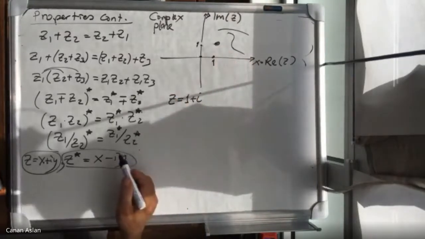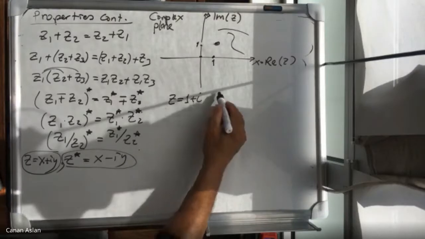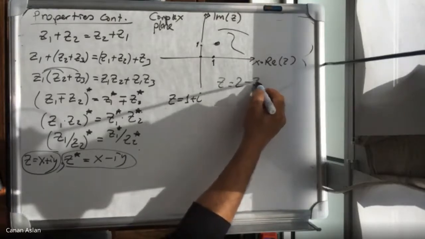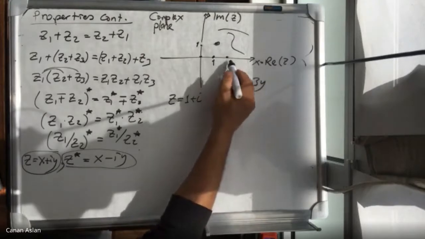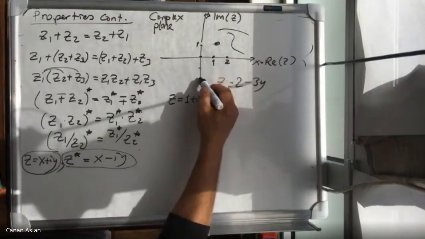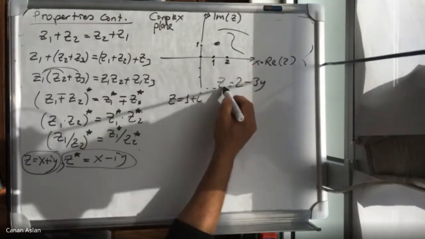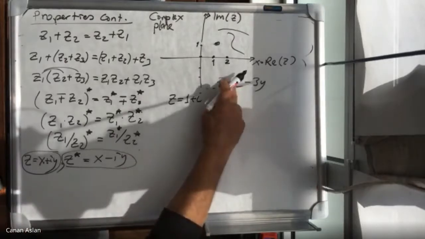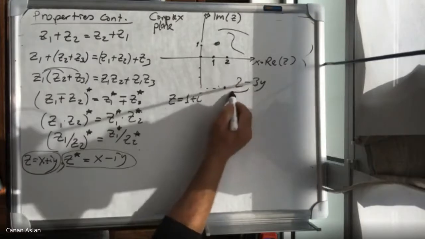Okay? So now there are some important properties of this thing. Okay, so for instance, z equals 2 minus 3i is just here, 2 there, and then 3i is 1, 2, 3. It's just this point. So 2 minus 3i is just this point, okay?